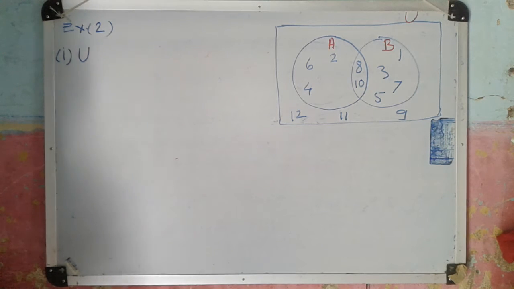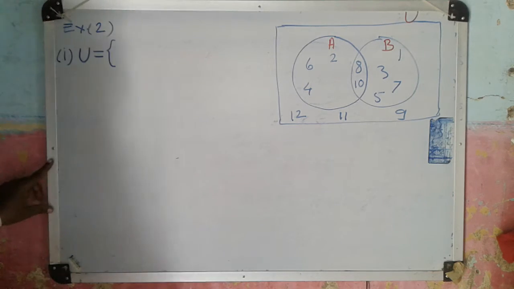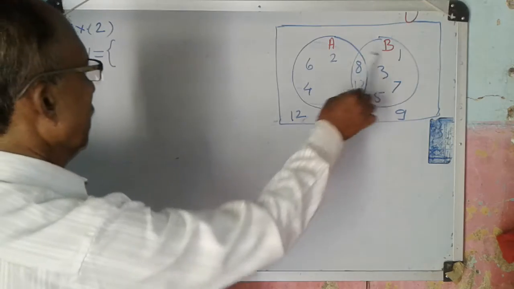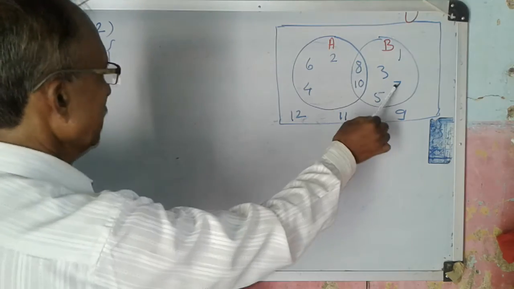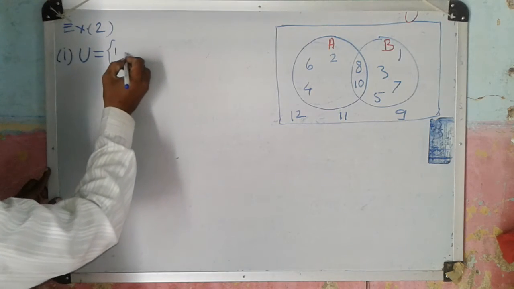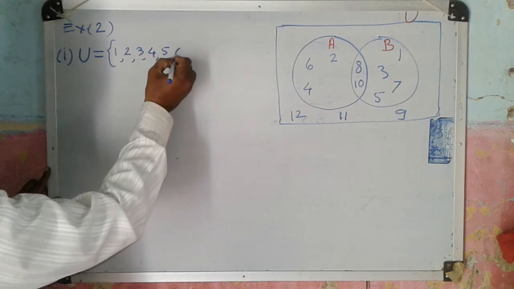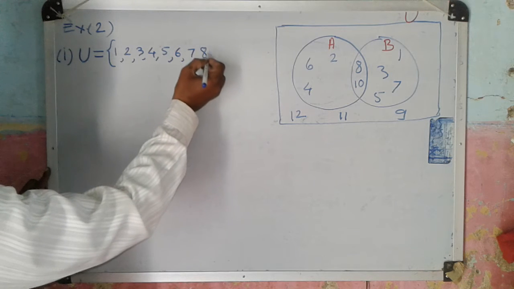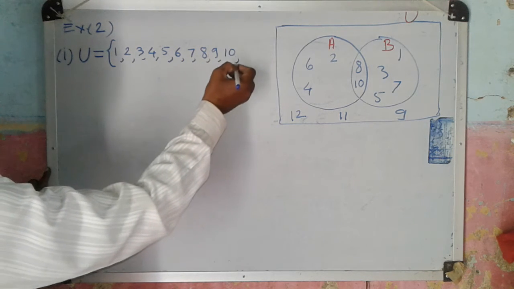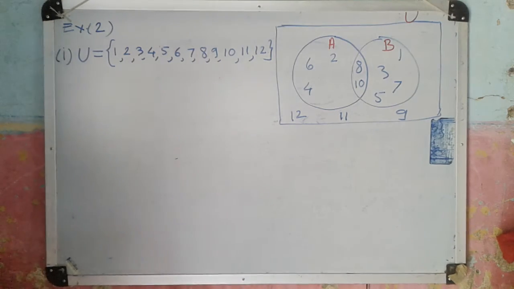So you write the universal set here: 1, 2, 3, 4, 5, 6, 7, 8, 9, 10, 11, 12.